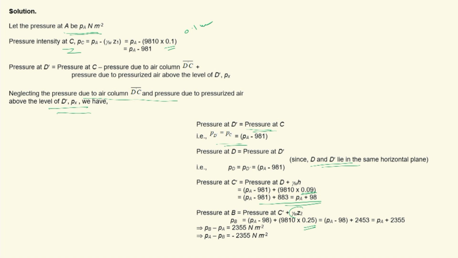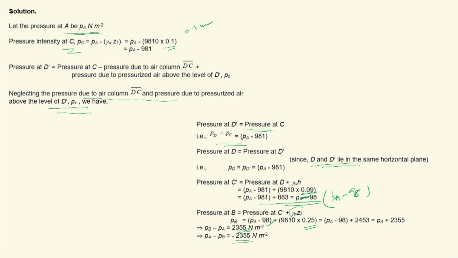So pressure at C is PA minus 98, this is PA minus 98, this is correct. Please change this positive sign, this is PA minus 98, that is pressure at C. So you get ultimately PB minus PA is 2355 Newton per meter square, that is PA minus PB is equal to minus 2355 Newton per meter square.